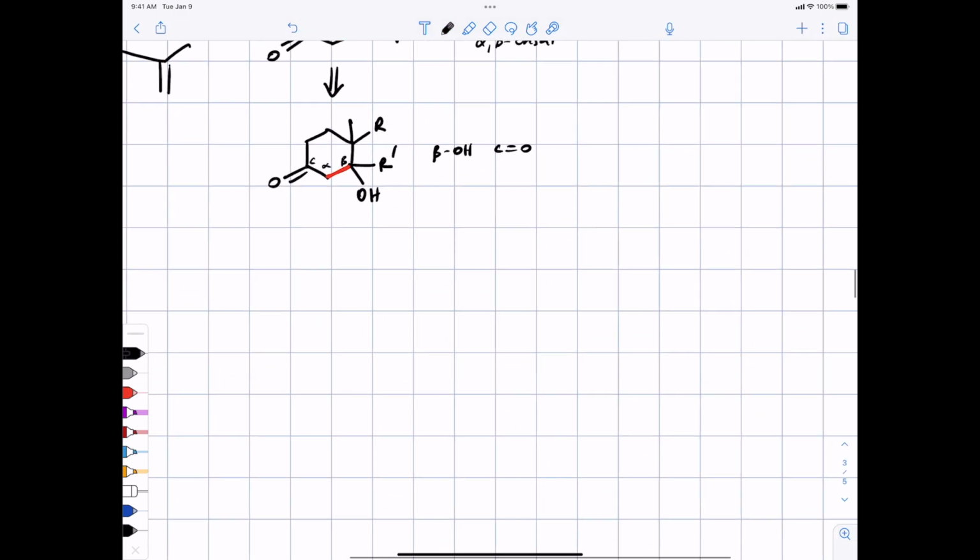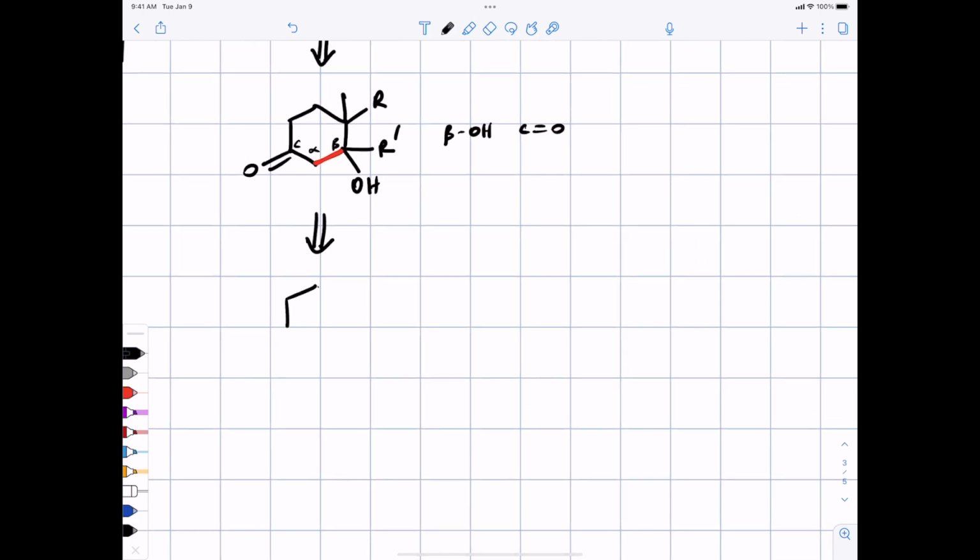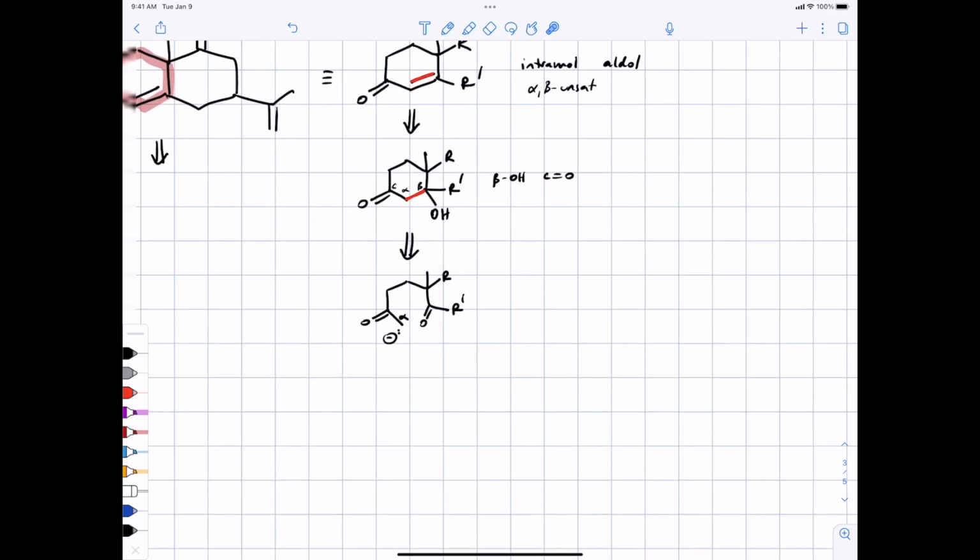Okay, now let's think backwards one step. This is an aldol product. What would the starting material for the aldol reaction have been? You would have had an enolate on this alpha carbon, and the beta carbon should have been a carbonyl group. We won't worry about whether it's an aldehyde or a ketone. It's whatever this R group makes it.